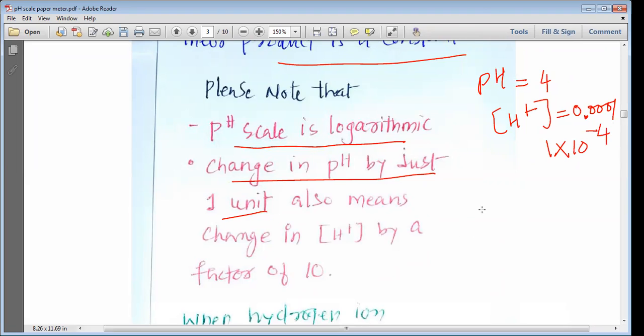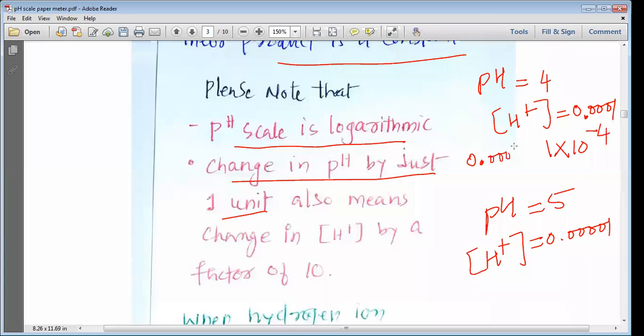Please remember. And if you have pH is equal to 5, my dear students, then your H plus ion concentration would be 0.00001. So you get this by dividing 0.0001 by 10, you get 0.00001.